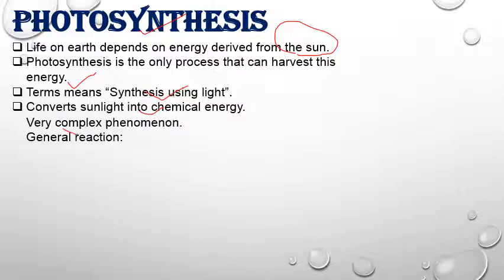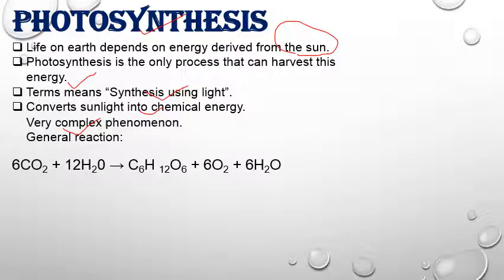So this is a very complex phenomenon, and the general reaction of photosynthesis involves 6 carbon dioxide molecules and 12 water molecules, which result in the formation of organic material, the carbohydrate glucose, in the presence of sunlight and the pigment chlorophyll.